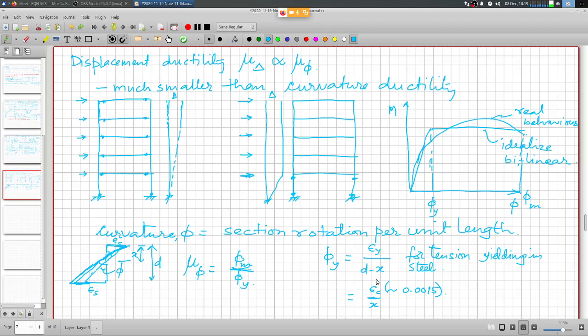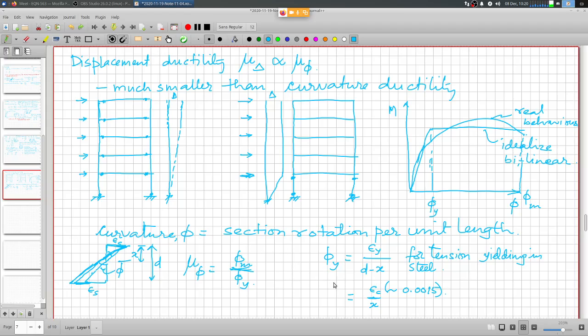After that it begins to crack slowly, gradually, until you get the ultimate strain, when the concrete completely gets crushed, of about 0.003 or 0.0035. Right.